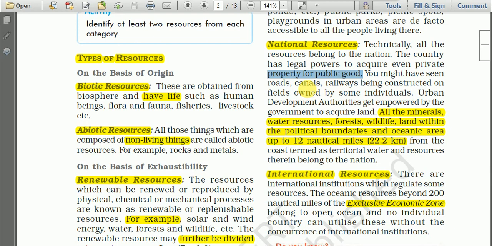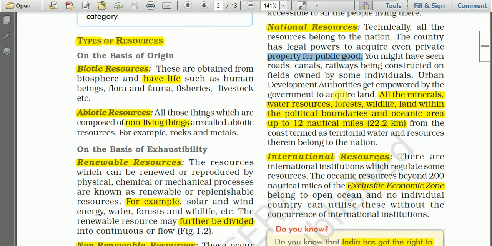So for the development of the country, the government can acquire your private property. That means technically your piece of land belongs to the nation. And urban development authorities get empowered by the government to acquire land.